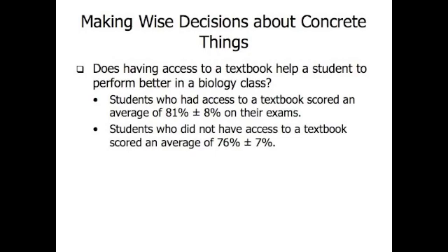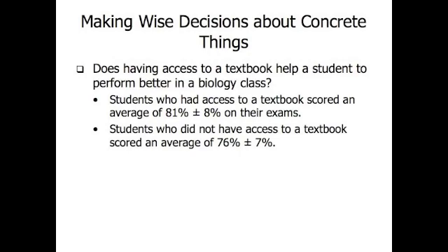Possibility 1. Students having access to a textbook perform better in biology class. Our sampling of this class reveals a true relationship between the two variables, that is, textbook access and class performance. After all, 81% is better than 76%. Possibility 2. Students having access to a textbook do not perform any better in biology class.